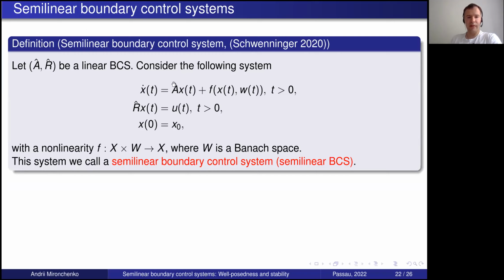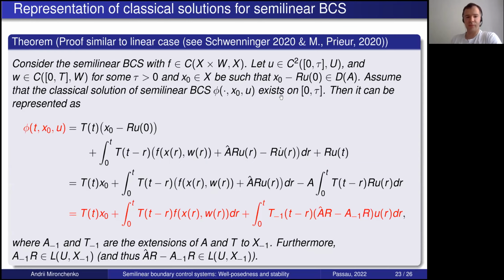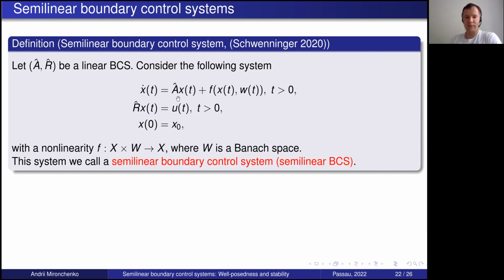And if this formal system operator and boundary operator form a linear boundary control system, and if we add this F, then we call this a semilinear boundary control system. And now it turns out, assume that we have a classical solution of this system. Namely, we have some C1 map, which after substitution makes these two relationships valid.